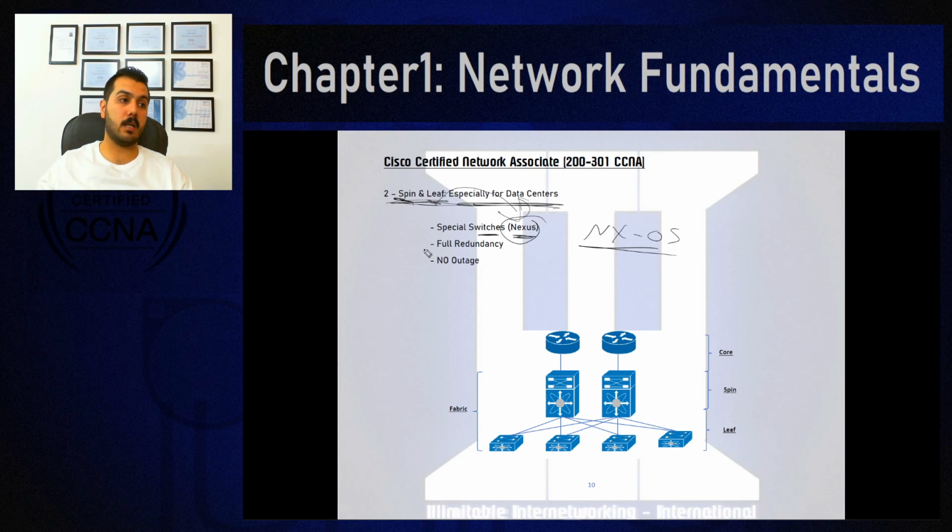Okay, there are two things you should be sure of when using spine and leaf with Nexus switches. First one is full redundancy. As you can see here, this leaf switch is connected to both of them. Each switch of the leaf is connected to all the switches of the spine. This is the spine, like the aggregation.